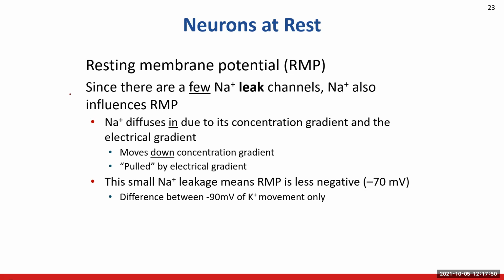It'll race right into these cells because it has two things working in its favor. And because of these leak channels, this small amount of sodium being leaked in, we get our value for the resting membrane potential closer to negative 70. If it were only potassium moving, then it would be closer to this value, negative 90.